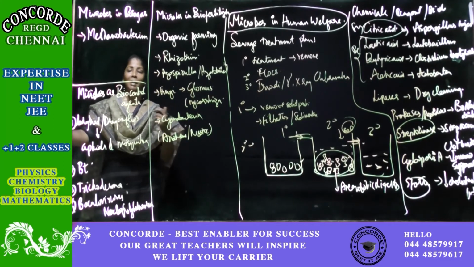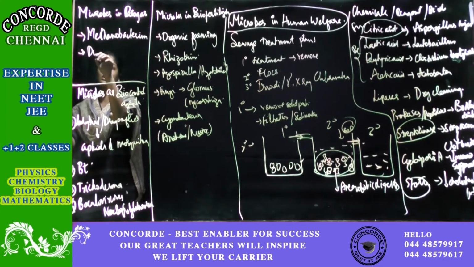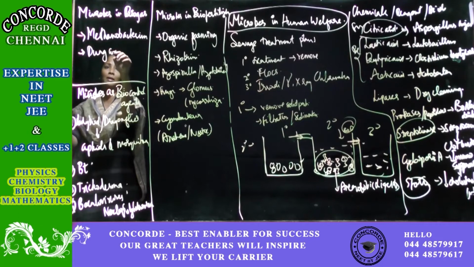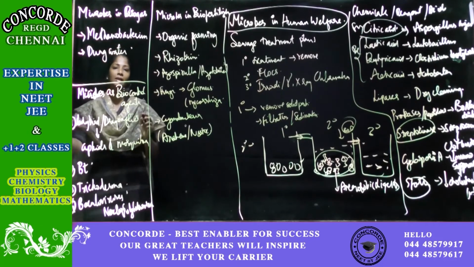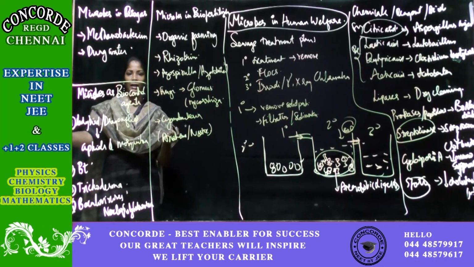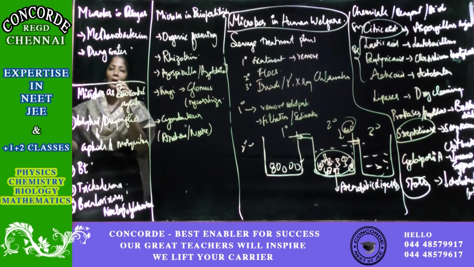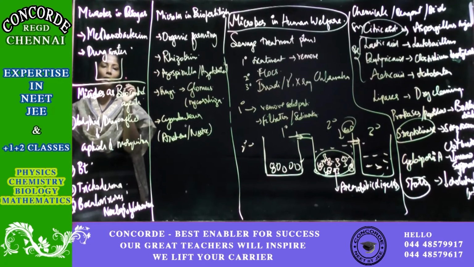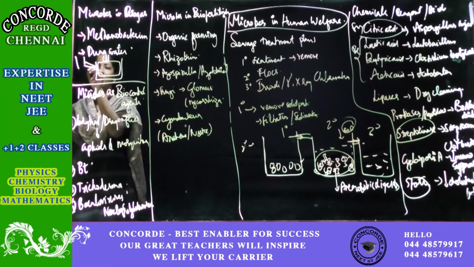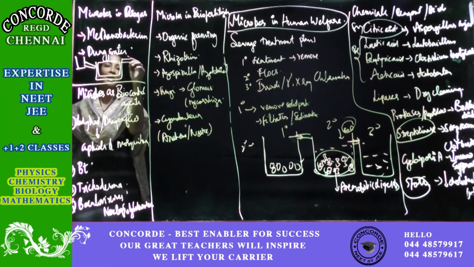The most commonly used medium or source is the dung water. Cow dung is rich in methanobacterium. So you have a biogas plant as such. In this biogas plant, there'll be a piston-like structure over here, and there'll be a constant supply of dung water and the waste is removed.